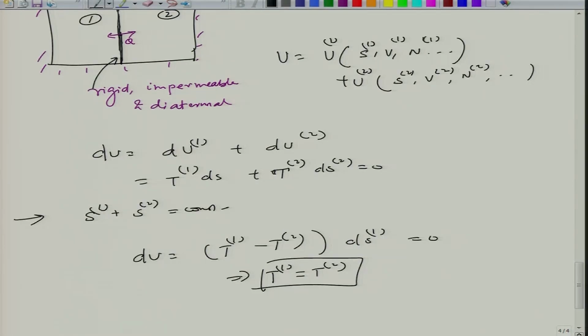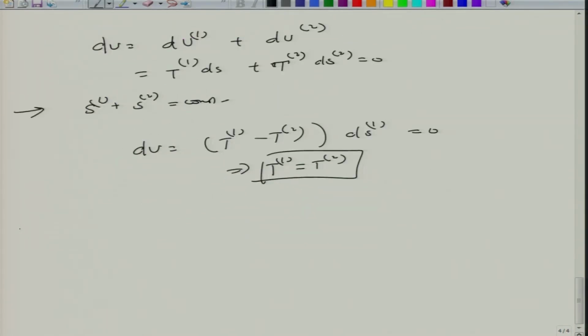So, you can do similar exercises for the pressure equality and chemical potential equality. What we are going to do is change these conditions. We will be using the energy minimum principle to find out which thermodynamic variable we should look at if we change the natural variables.